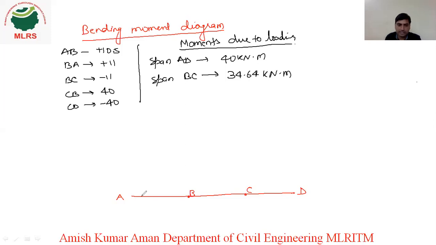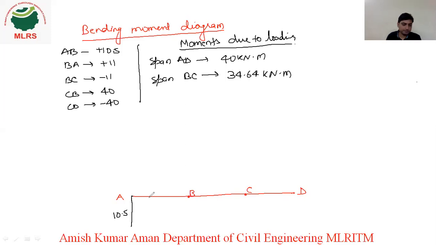If it is minus, we will take upward. If it is plus, we will take downward. In all the previous questions, the first span at A had minus moments, but here it is plus.